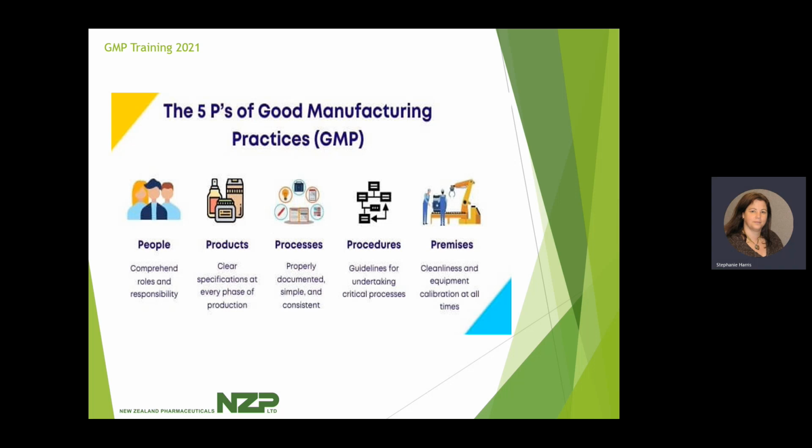All products, starting materials and finished products have specifications, and we also have in-process specifications so that we can make sure that along the way the manufactured product is compliant and fit for purpose. Processes. Properly documented, simple, and consistent. Procedures. Guidelines for undertaking critical processes. And premises should be clean, all equipment should be clean and calibrated as required.